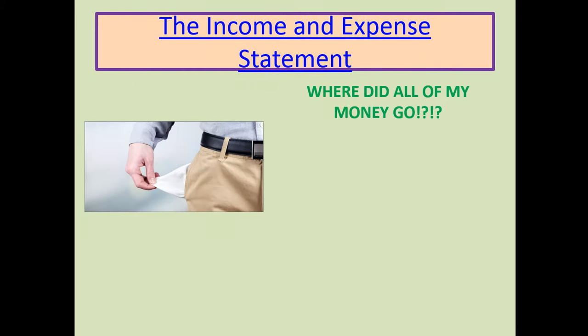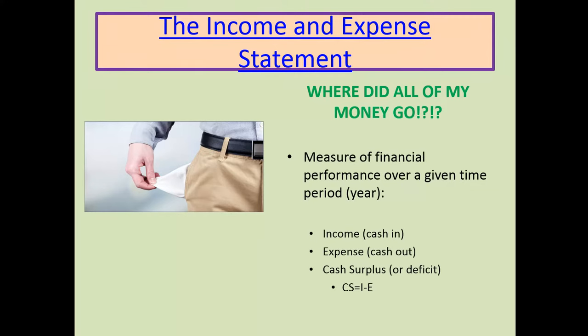So the income and expense statement answers the question, where did all my money go? It is a measure of financial performance over a given period of time. The balance sheet was a frozen moment in time: today, what is my financial health? The income and expense sheet looks back over a given time period, typically a year.